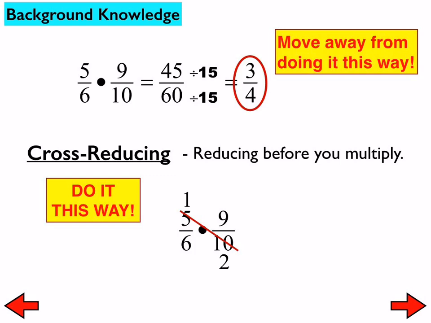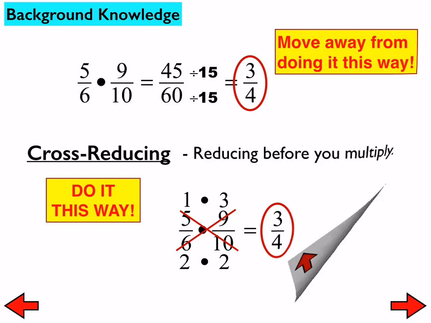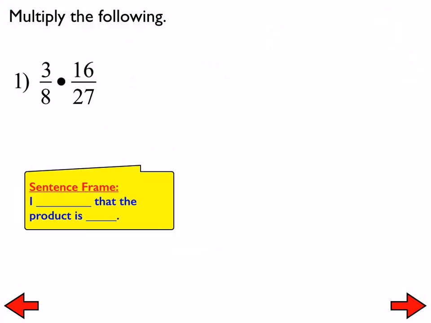And hopefully you've at least seen this done before. The number that goes into 6 and 9 is 3. 3 goes into 6 twice and 9 3 times. From there, multiply straight across. And trust me, it takes a lot less time to deal with multiplying fractions or mixed numbers when you try and do it this way. Okay? All right, so I would like everybody to do number 1.